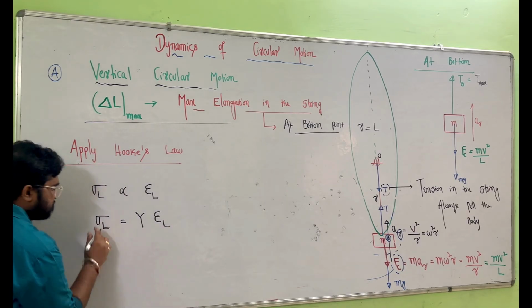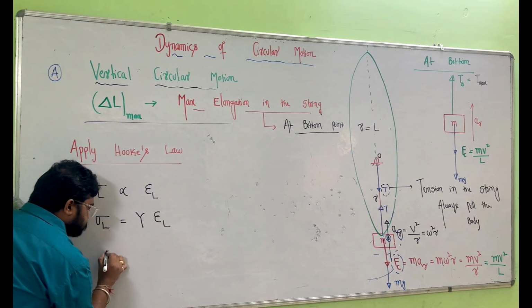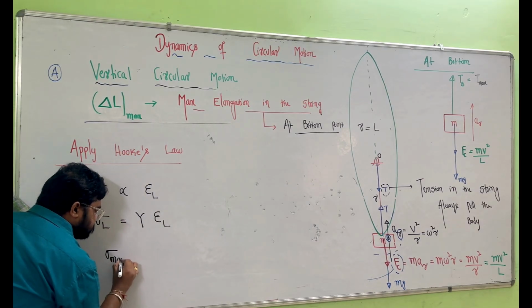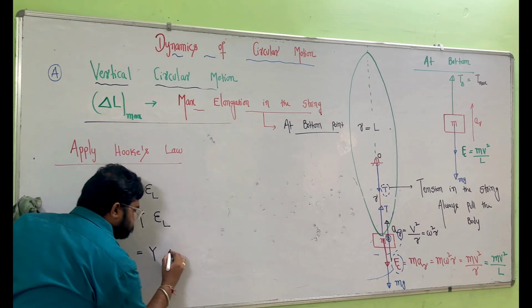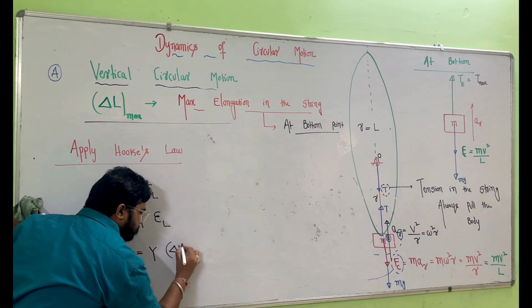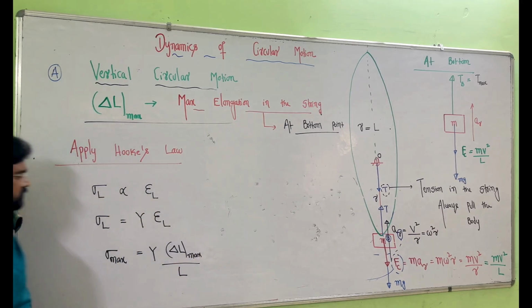Okay, so what is the stress? In this case, sigma maximum is obtained at the bottom. That is nothing but delta L maximum, the elongation, divided by the original length of the string.